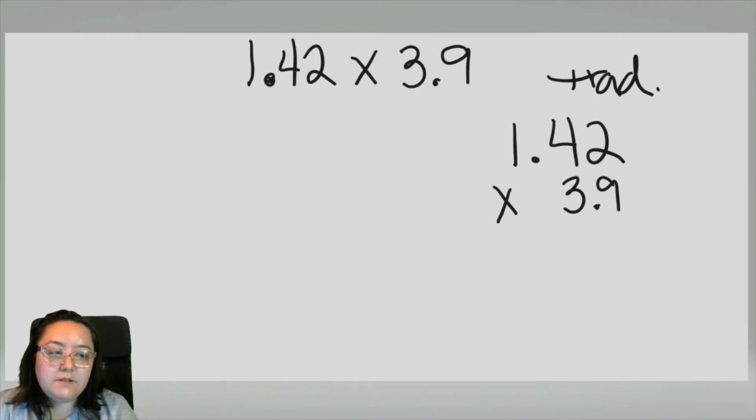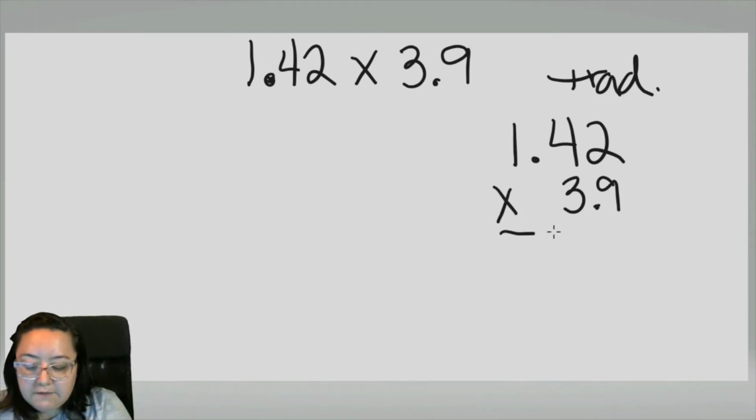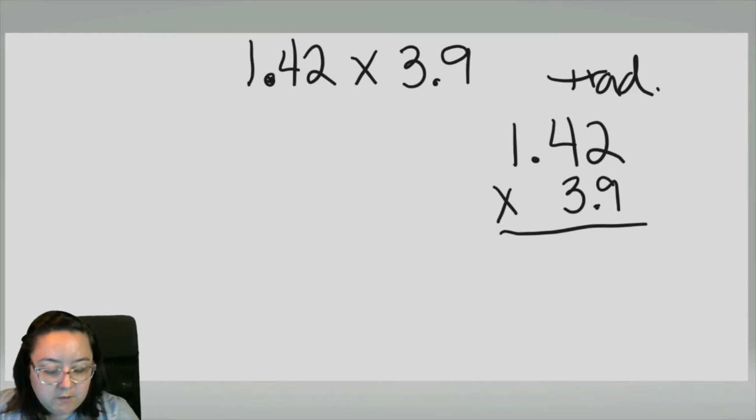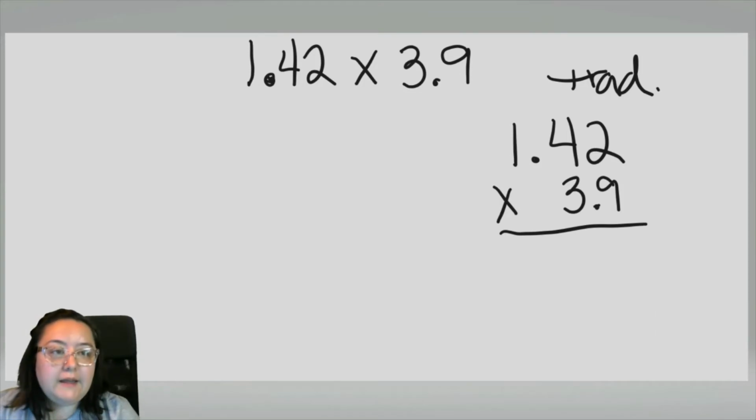And I tell my students the reason that you don't line your decimals up when you're multiplying is because you have to kick the decimals out of the problem and then kick it back in. So before we even start multiplying these two numbers together, we have to kick the decimals out. So I tell my students to count your kicks.